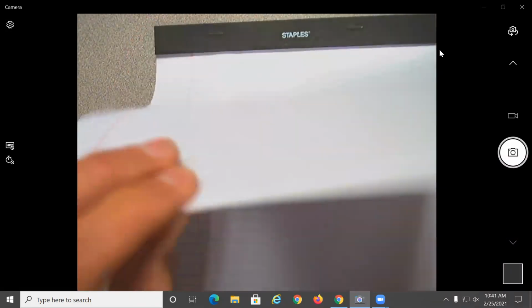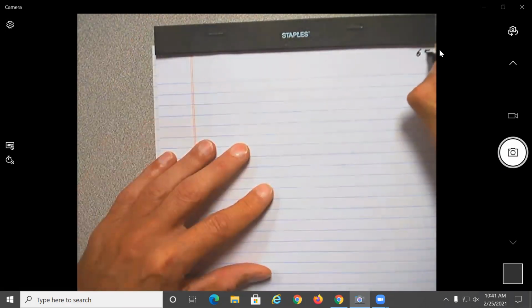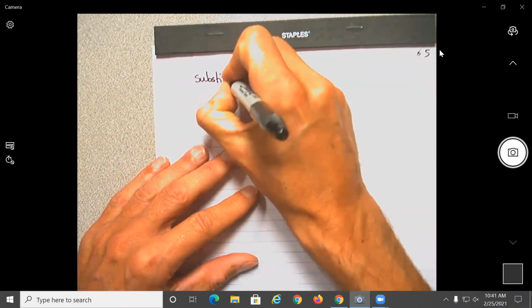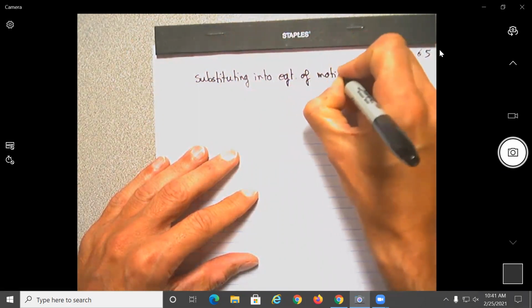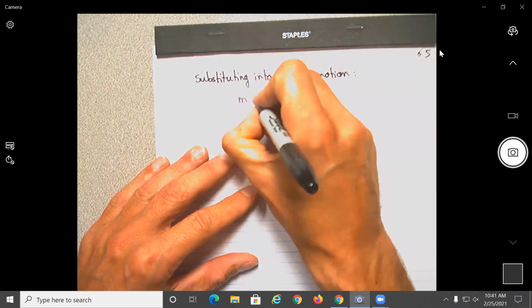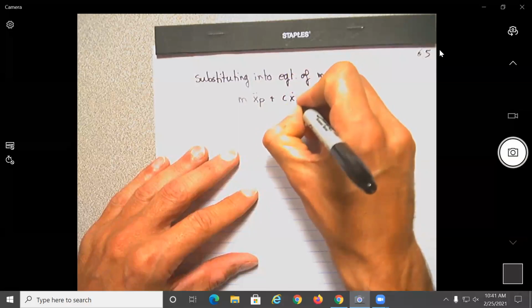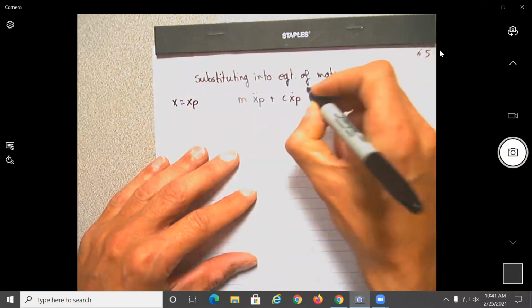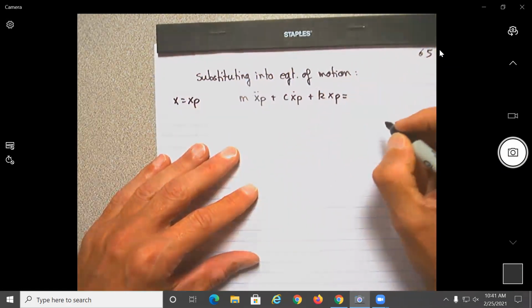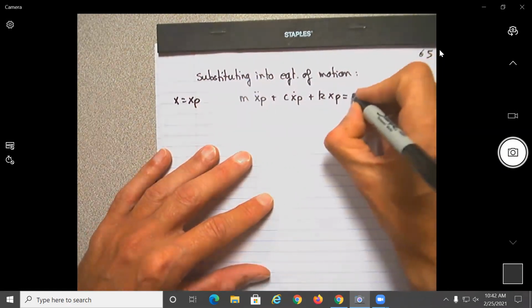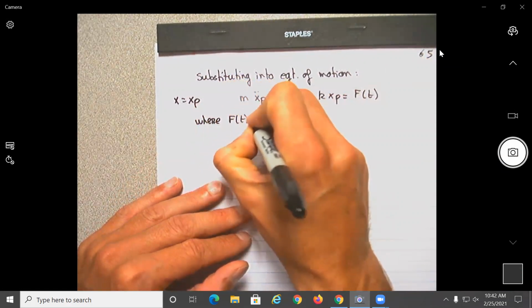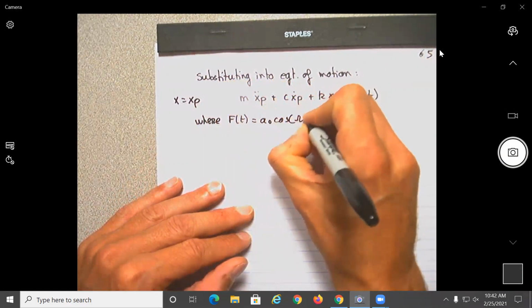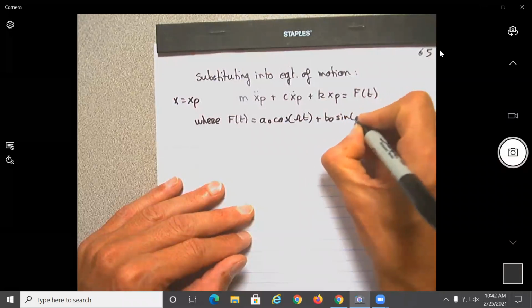So substituting into the equation of motion, which will be m x double dot p plus c x dot p plus k x p is equal to f of t, where f of t was equal to a sub naught cosine omega t plus b sub naught sine capital omega t.